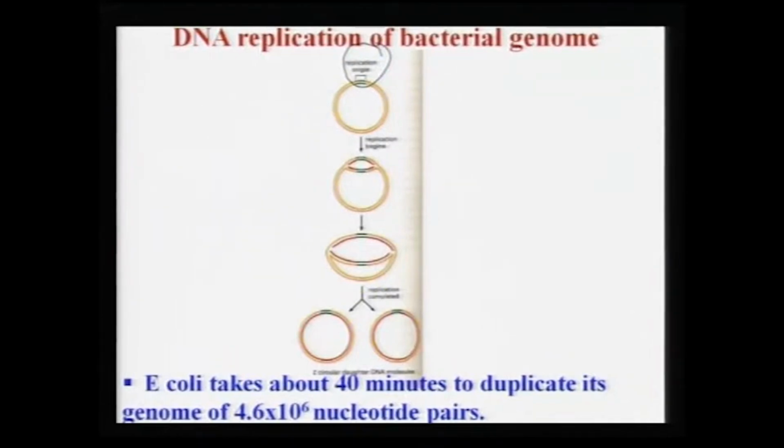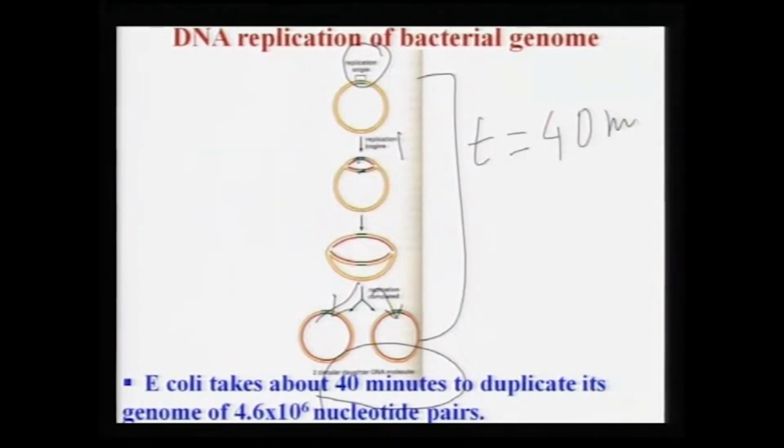You can see that this green one will start to grow, and subsequently these two daughter DNA molecules will be formed. For bacterial cells, typically it takes around 40 minutes. So, this entire time span is T equal to 40 minutes, or less than an hour, for two daughter DNA to be produced.